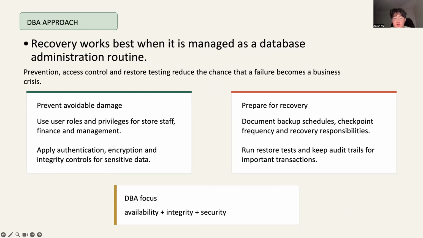Authentication, encryption, and integrity controls can help protect sensitive customer and business data. Backup schedule, checkpoint frequency, and recovery responsibility should be documented. Most importantly, restore protocols should be tested regularly because a backup is only useful if it can actually be restored during a real incident.